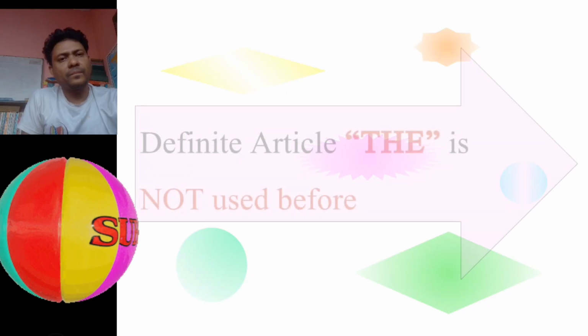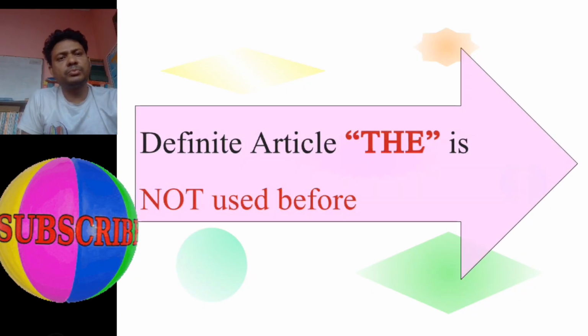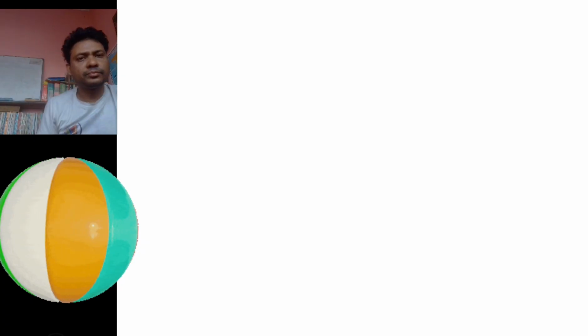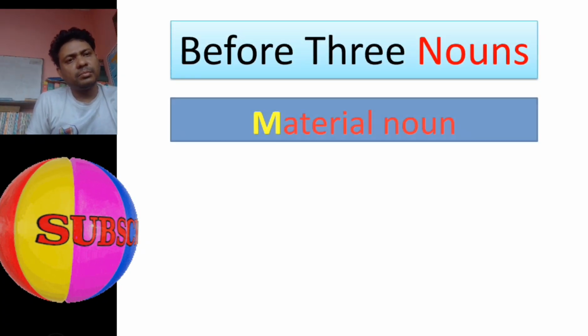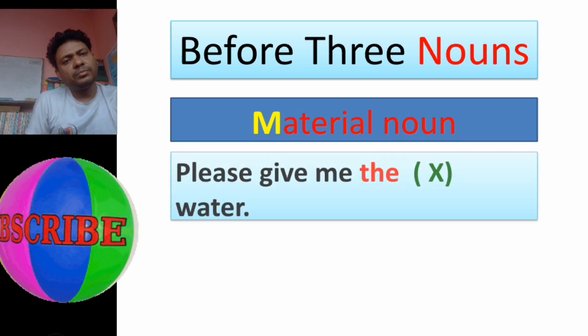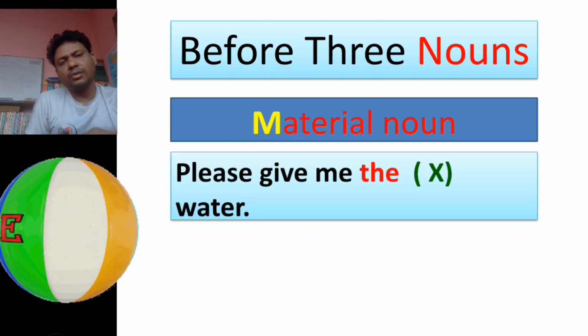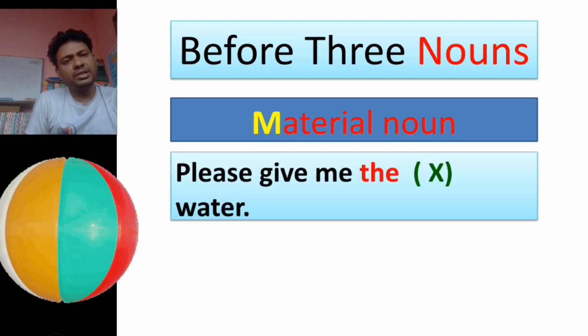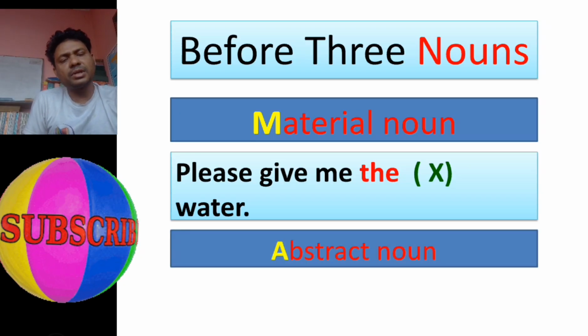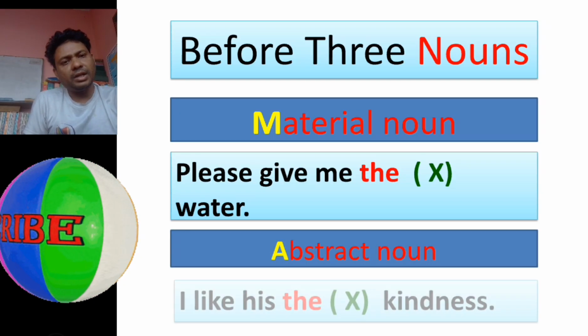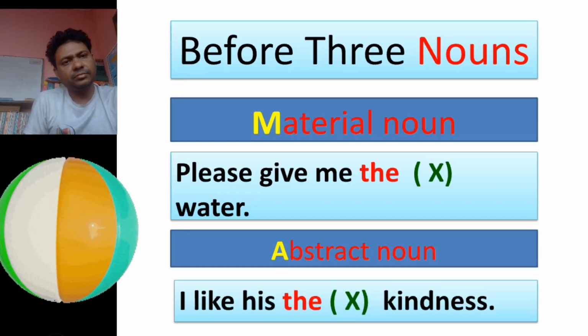And the definite article is not used before three nouns. Material nouns: please give me the X water. Abstract noun: I like this, the dash kindness.